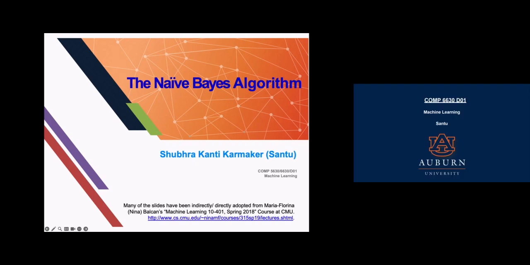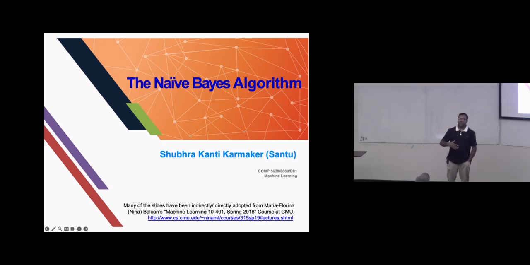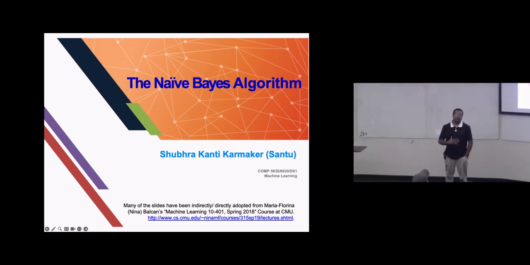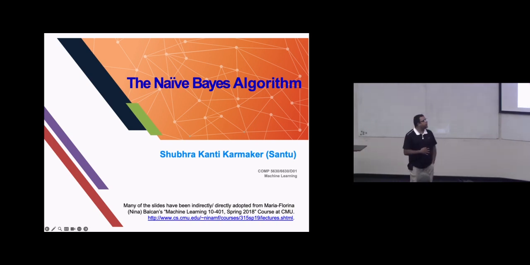So today we are going to learn our second machine learning model, specifically a classification model. We call it naive Bayes classification, or the naive Bayes algorithm. Now, if we remove the word naive, then it's essentially the Bayes theorem.